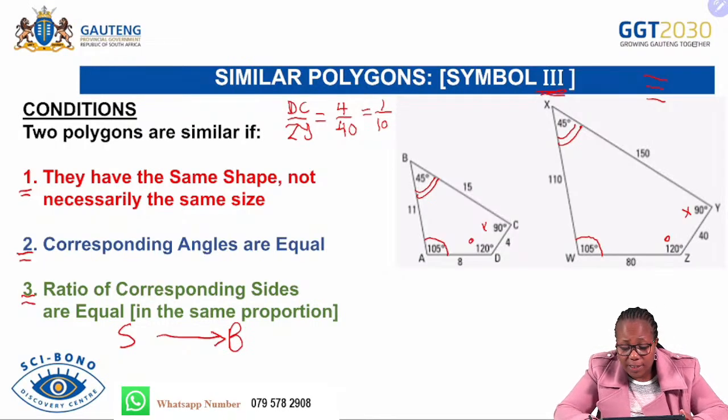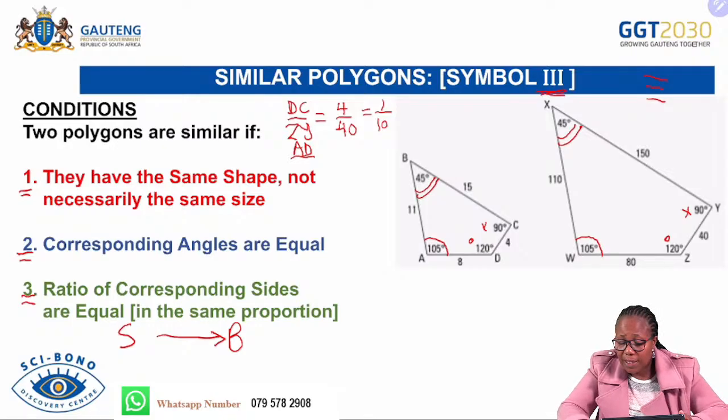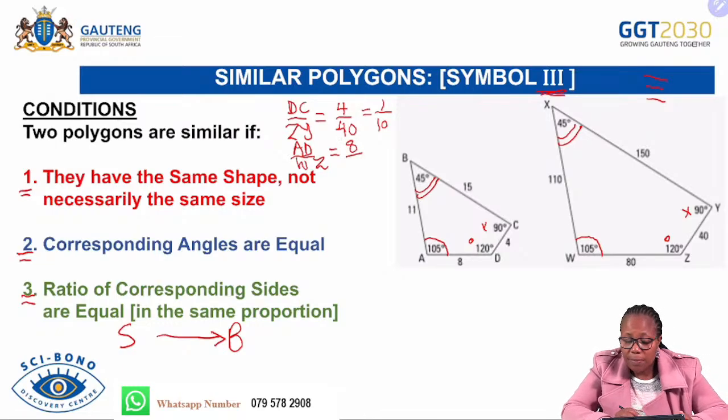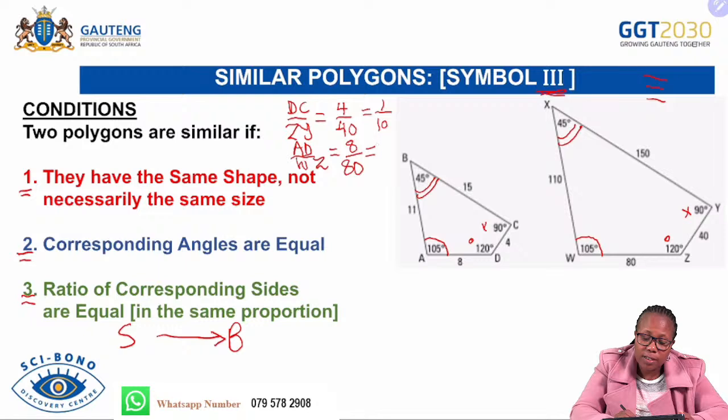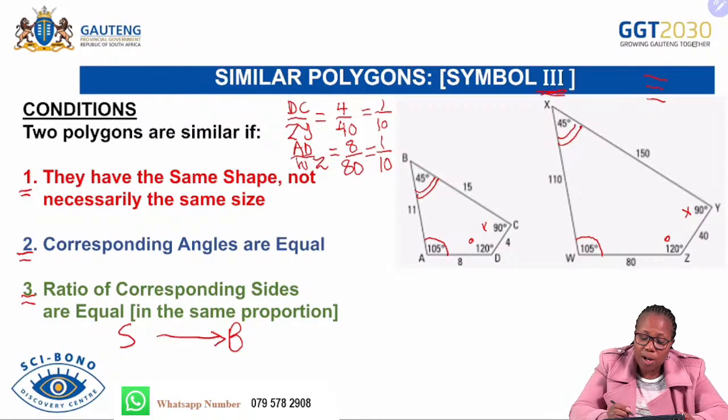The side that follows is 8, and the corresponding side is WZ, which is 80. So it is 8 over 80. Look at those ratios now. Simplifying 8/80 gives you 1/10. Can you see now you have equal proportions, or equal ratios?